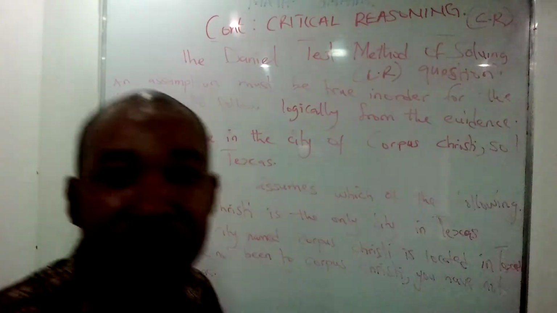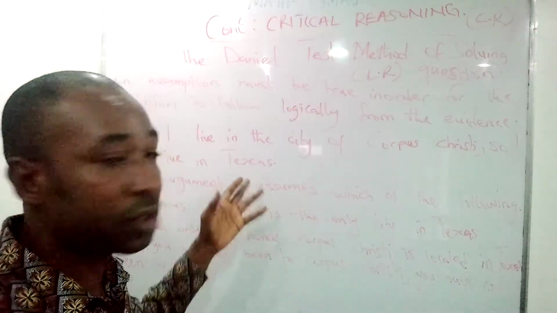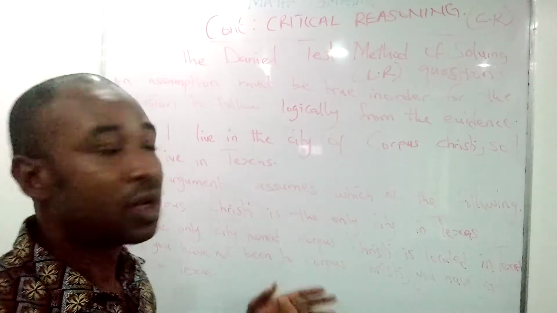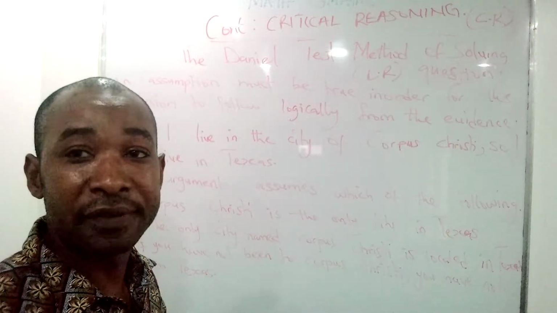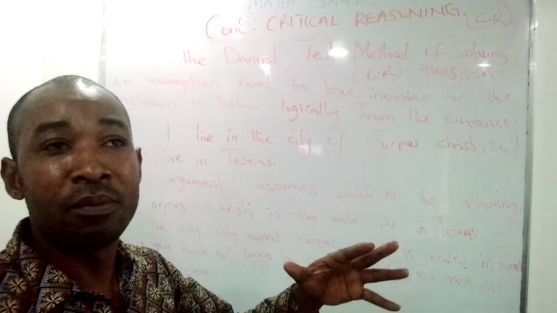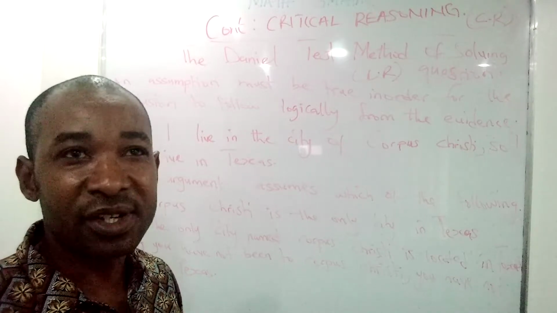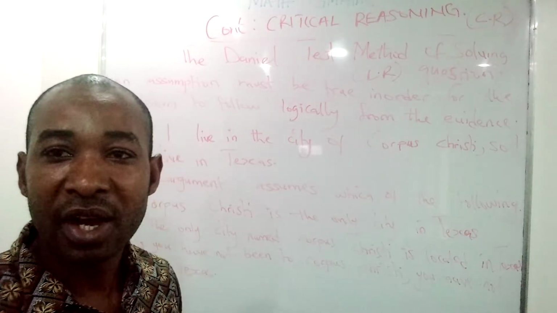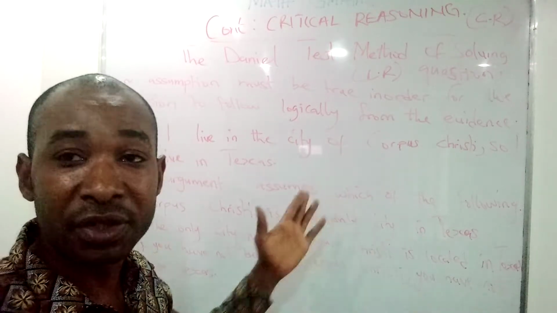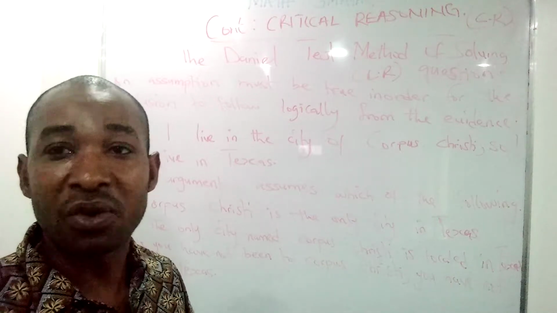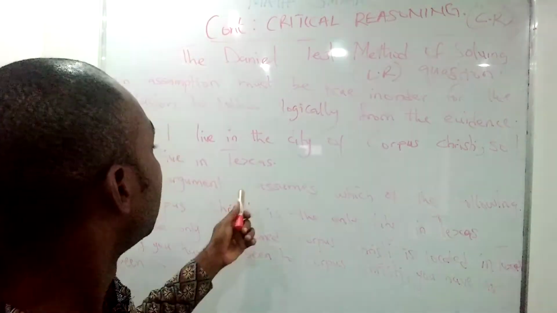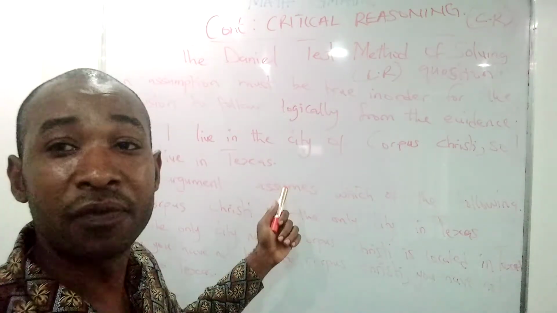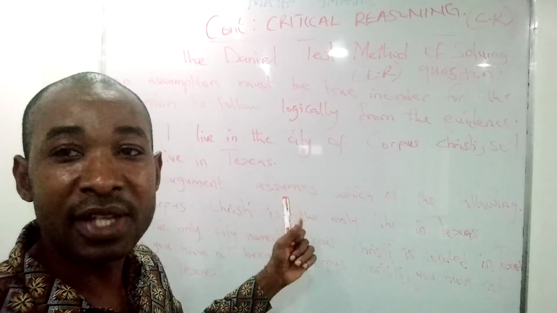I picked this question because it's short, and it fits into the blackboard to save time and energy. But if you want comprehensive solving, I solved 10 questions in this critical reasoning and I got 9. I'm just solving this one for the sake of time and data consumption.